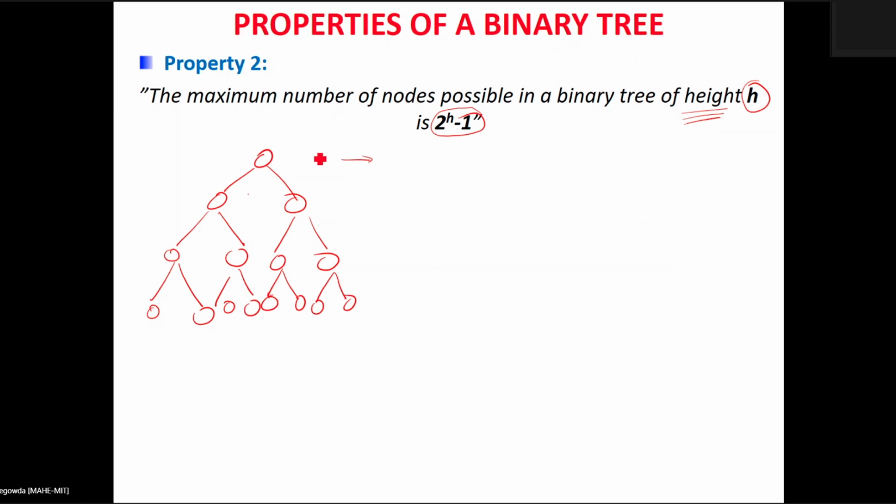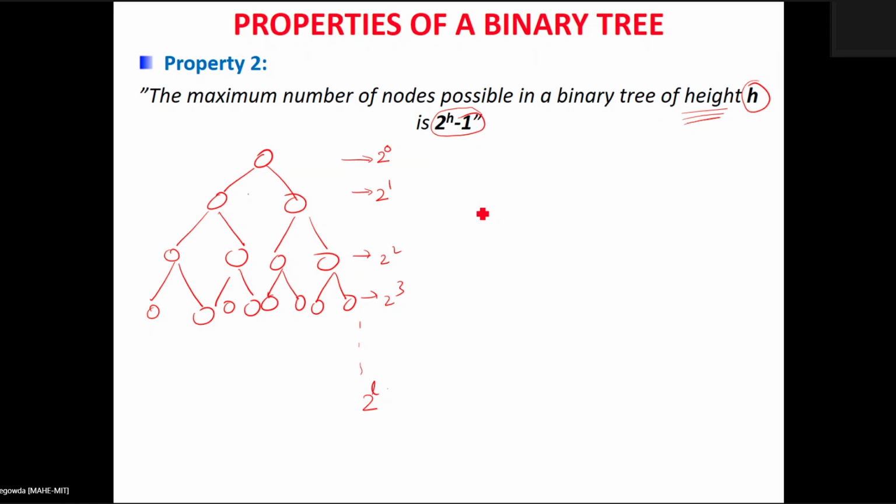How do you calculate this one? The number of nodes in each level by using the level number: 2 power of 0. The number of nodes at level 1 is 2 power of 1. At this level 2 power of 2, at this level 2 power of 3 and so on, up to 2 power of L. How do you calculate the maximum number of nodes in this case?